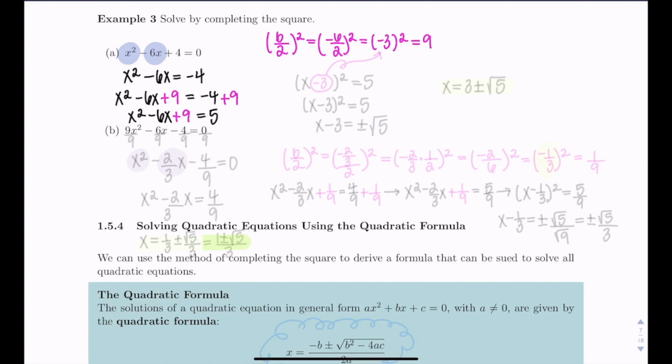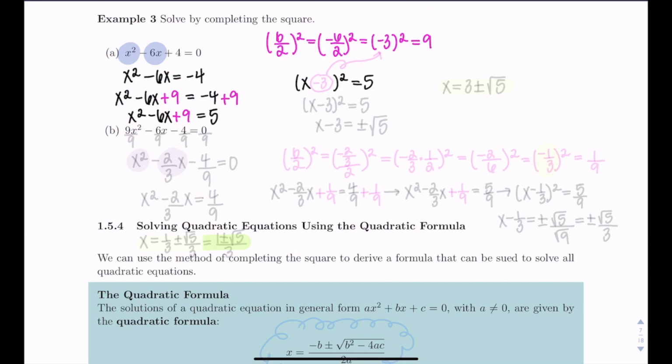Now the reason why we do this is because the left-hand side is now a perfect square trinomial. And the best part is you don't even have to think about how it factors because we've already figured out the form of it. So we know it's going to be x, a blank, and it's squared is equal to our 5.